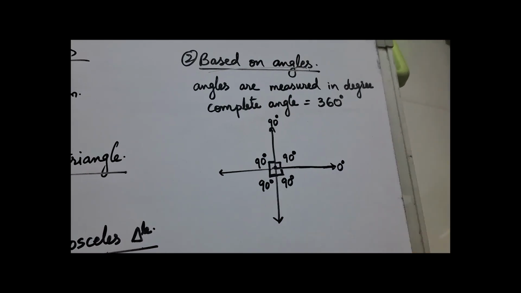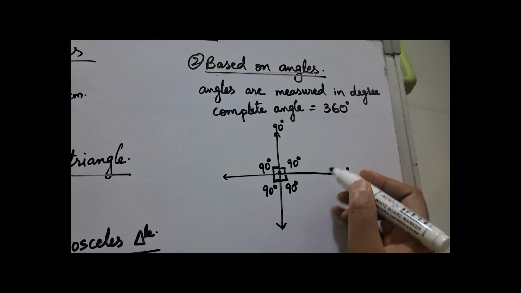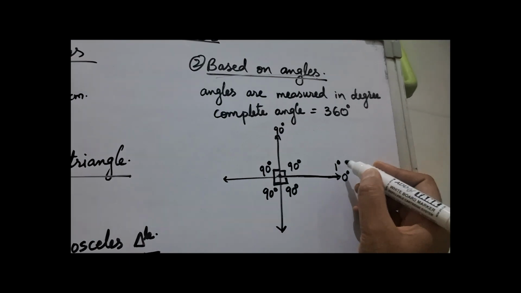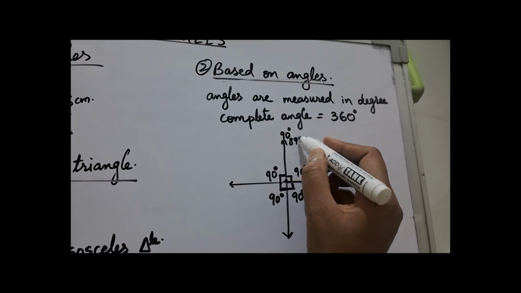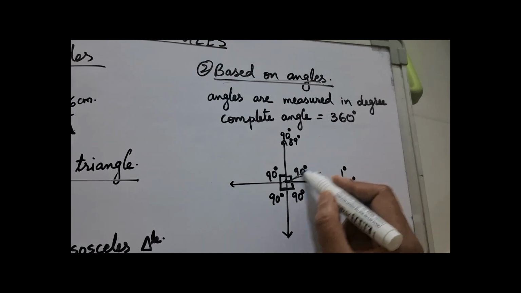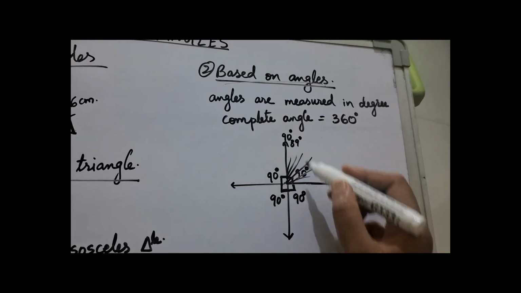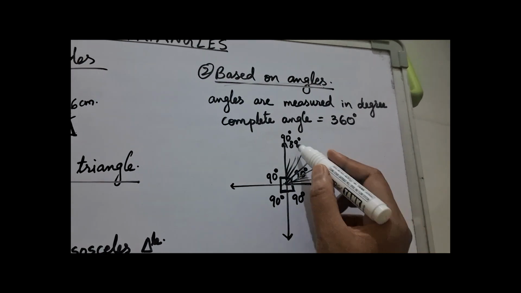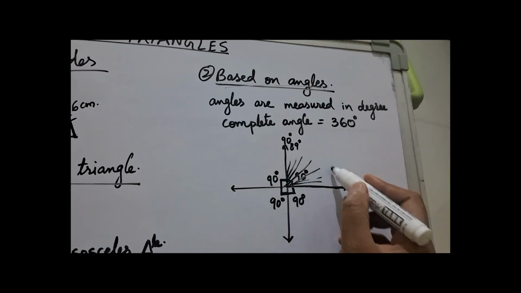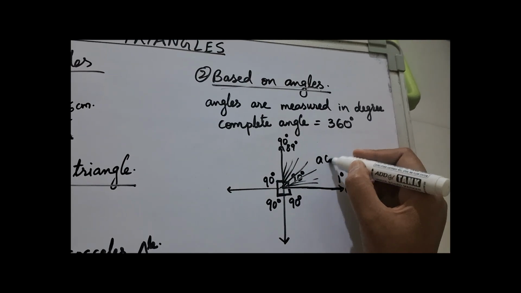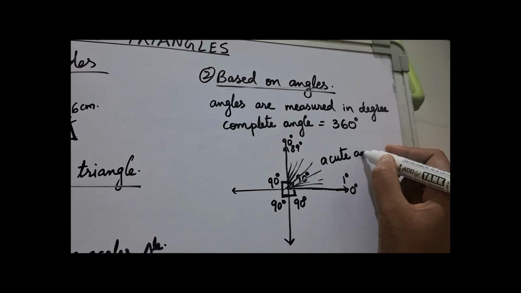Now, suppose from 1 degree onwards to 89 degrees. Okay? All these angles which come from 1 degree to 89 degrees are called acute angles.